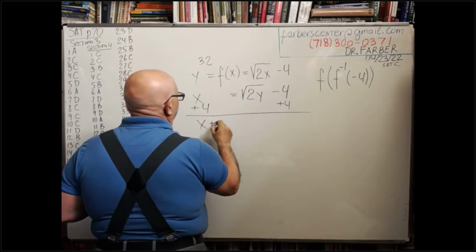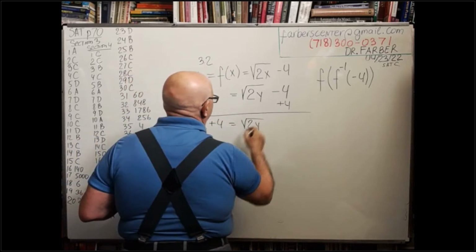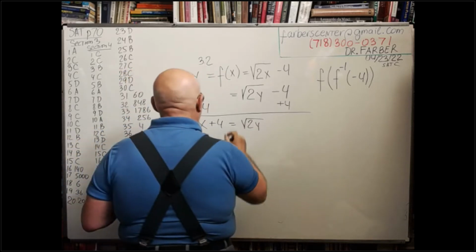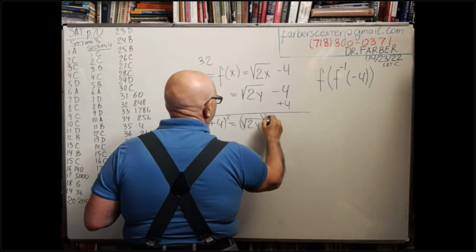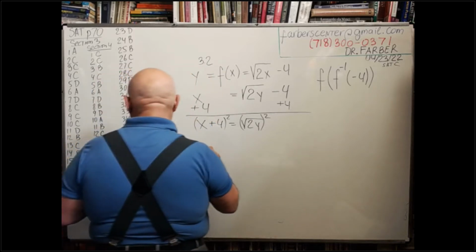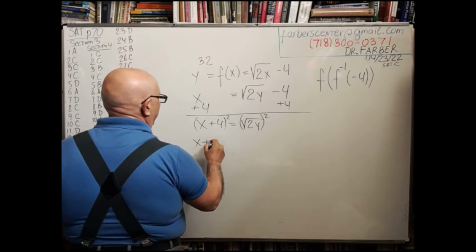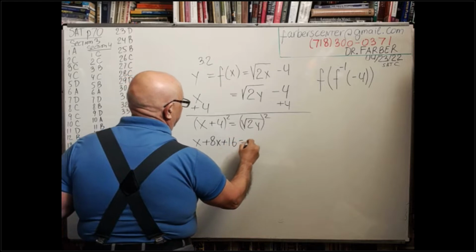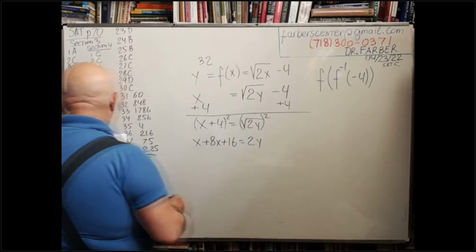Then you have x plus 4 equals square root of 2y. To find 2y, it's an irrational equation, so put both parts to the second power. And what you'll get? x squared plus 8x plus 16 equals 2y. Or divide both parts by 2.